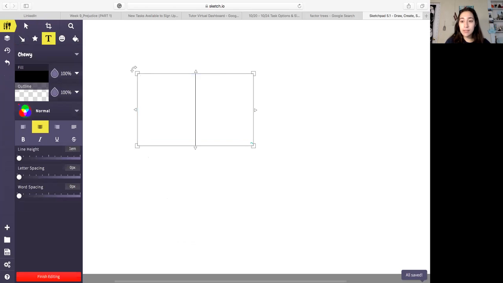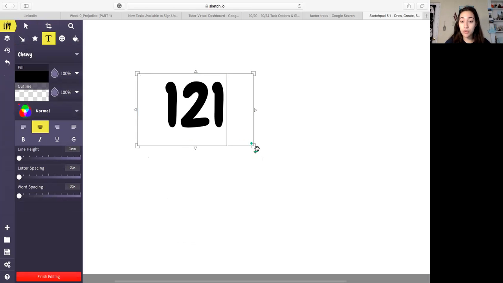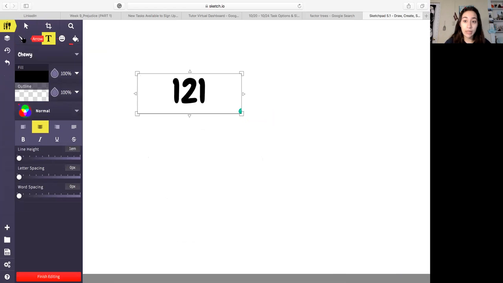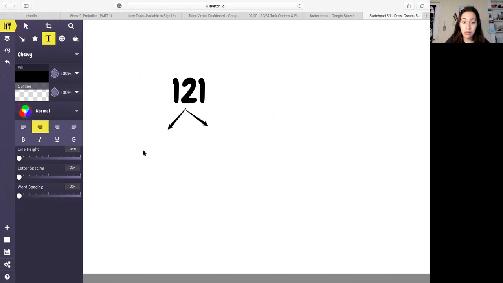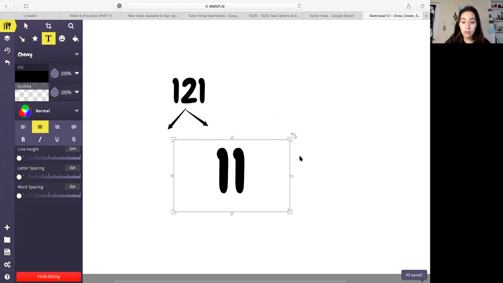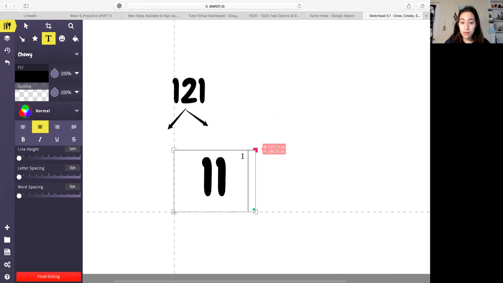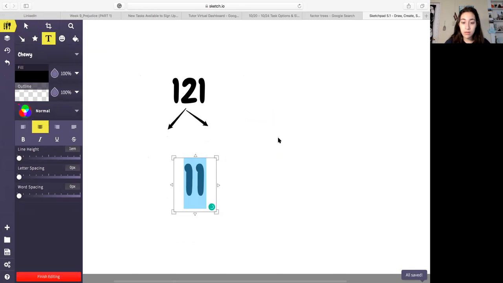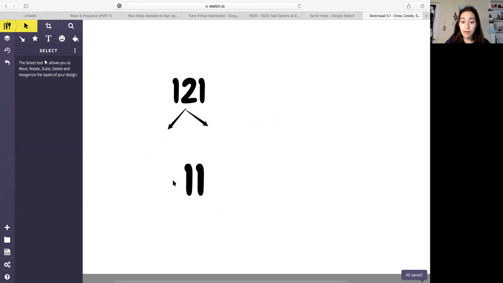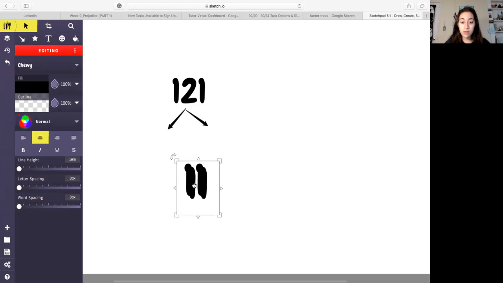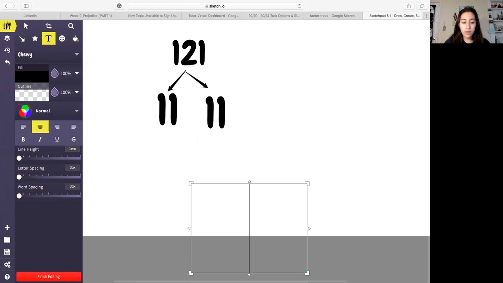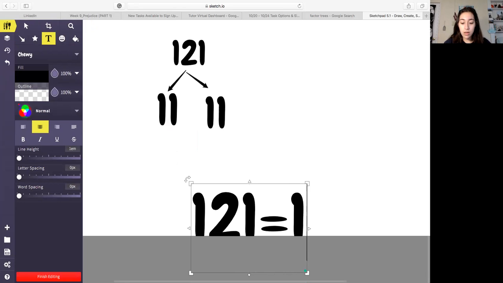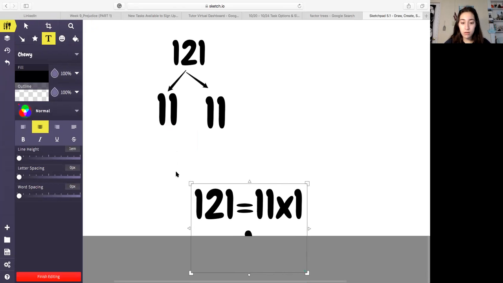And since 11 is a prime number, the factor tree for 121 would still only be 2 numbers, because its prime factorization is just 11 times 11. So 121 equals 11 times 11.